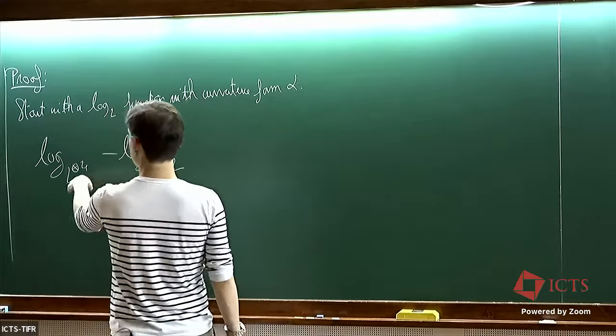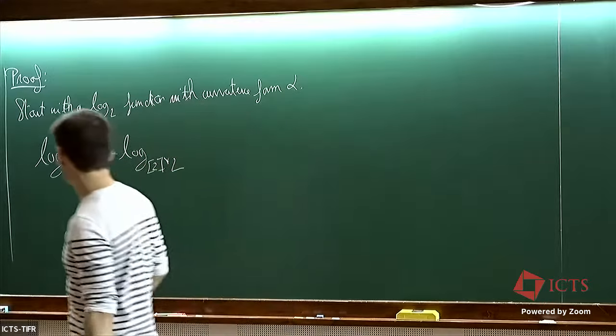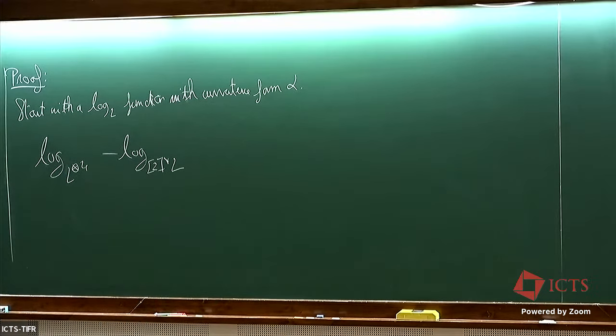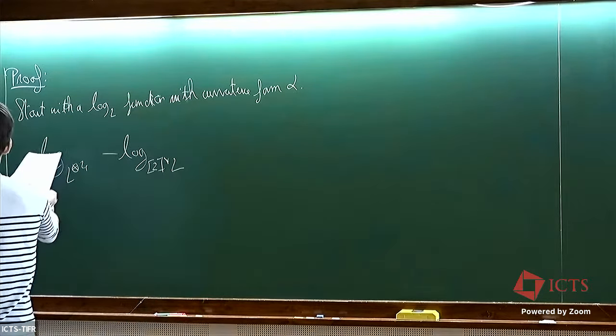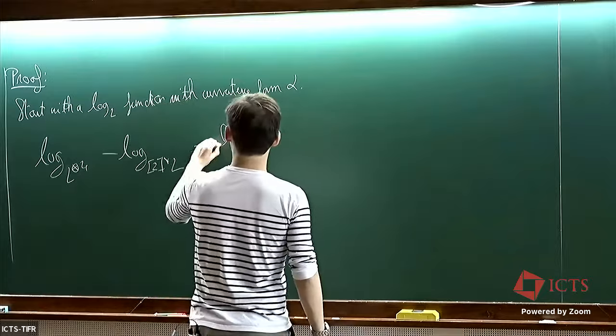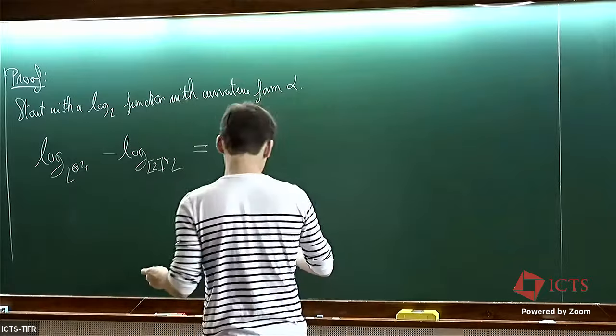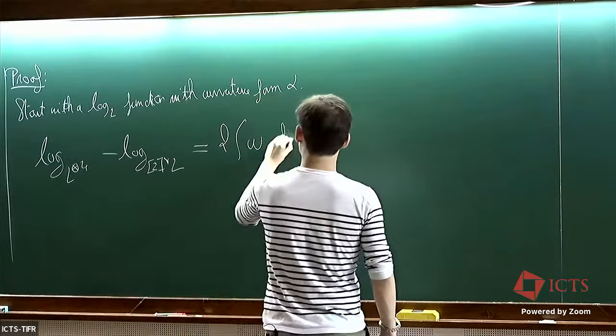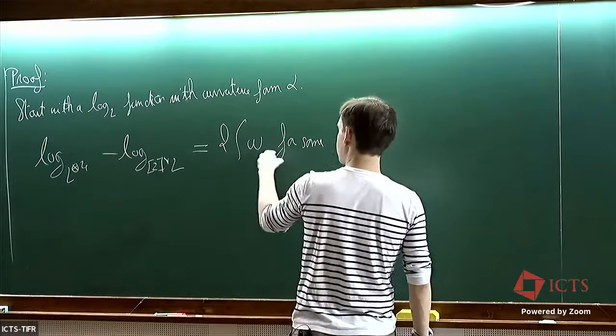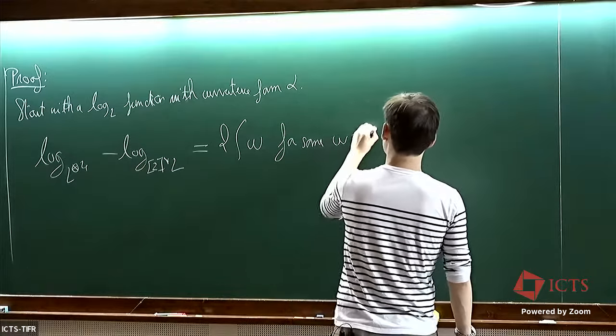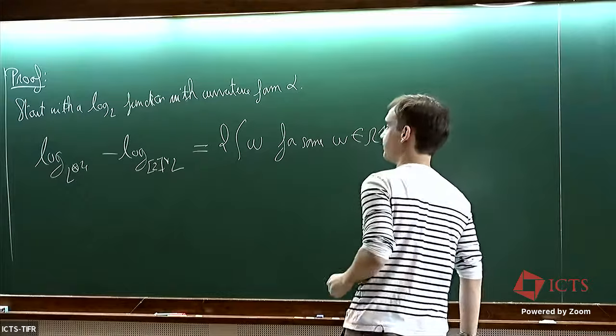And because of what I said here, they will have the same curvature form, which is 4 alpha here and here. So this is a multiple, actually, of some omega, primitive of some omega here in omega 1 of A.